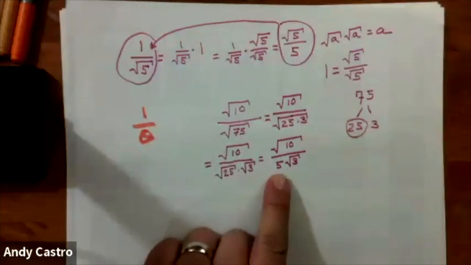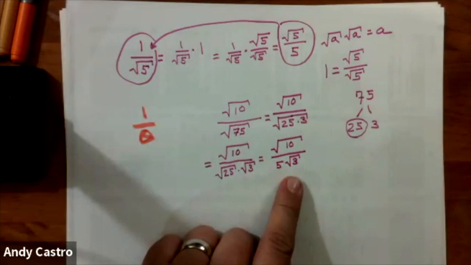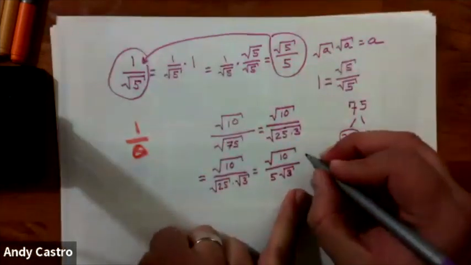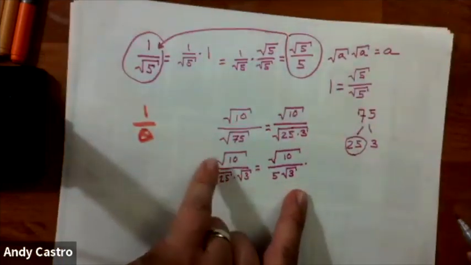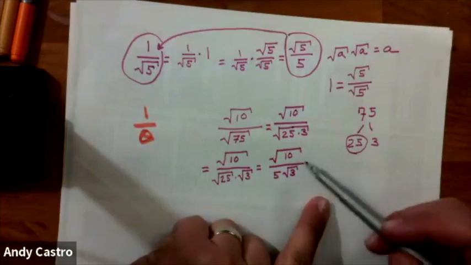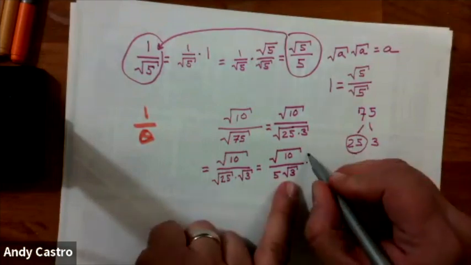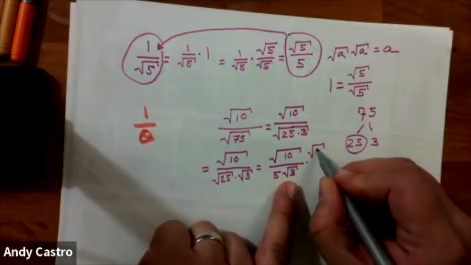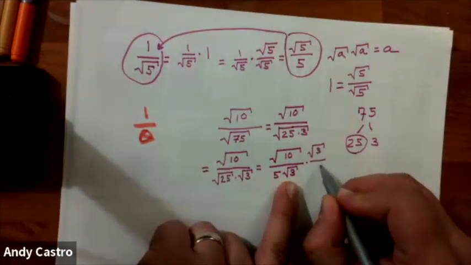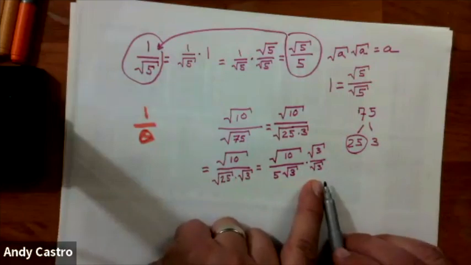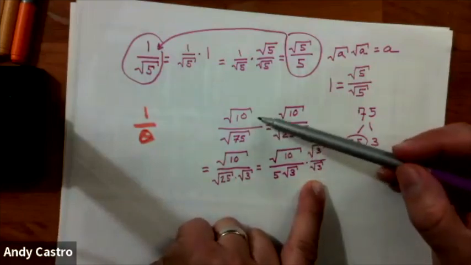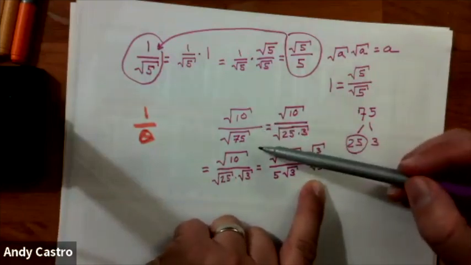Well, the 5 in the denominator is fine. There's no radical associated with that. That square root of 3, though, that's not good. Now what I'm going to do is I'm going to multiply the top and the bottom by the square root of 3, or essentially I'm just multiplying this times 1. Square root of 3 over square root of 3. And that is a lot simpler to me than multiplying top and bottom here by the square root of 75.